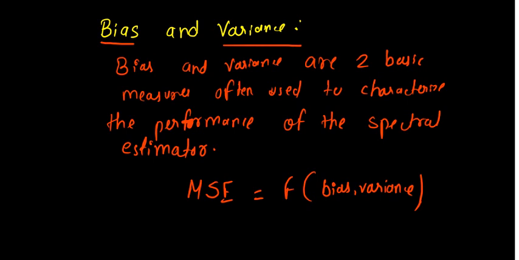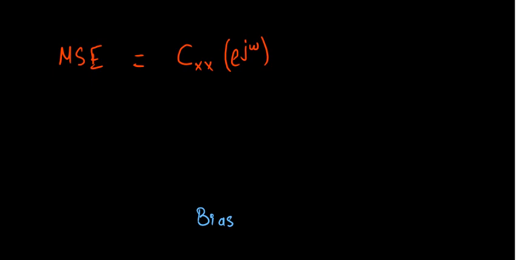That's it. So let's say the true spectrum is given by Cxx of e power j omega, right? I am now defining the MSE, and I will solve this mean square error equation in order to define bias and variance. So at the end we will have one bias term and one variance term, which we will see.